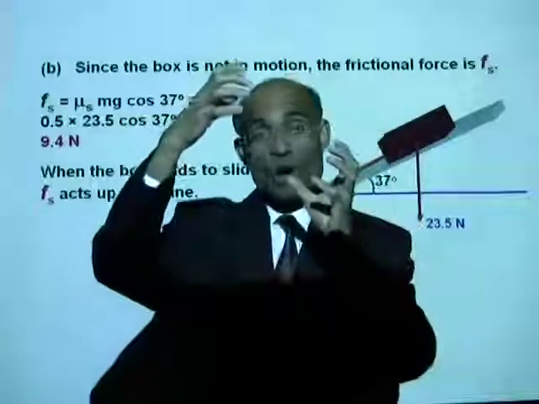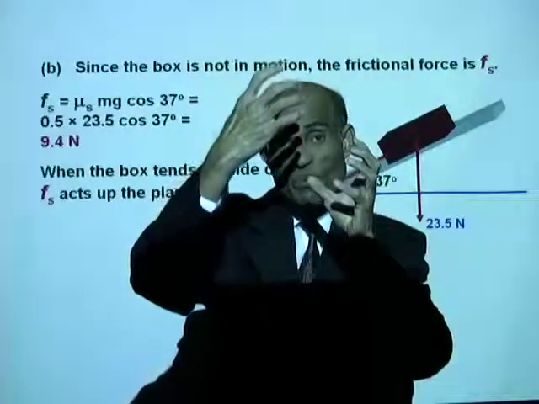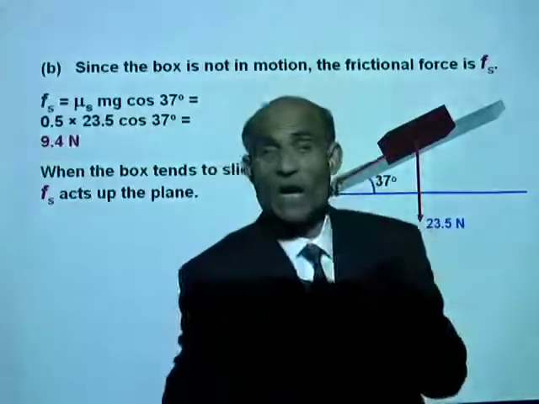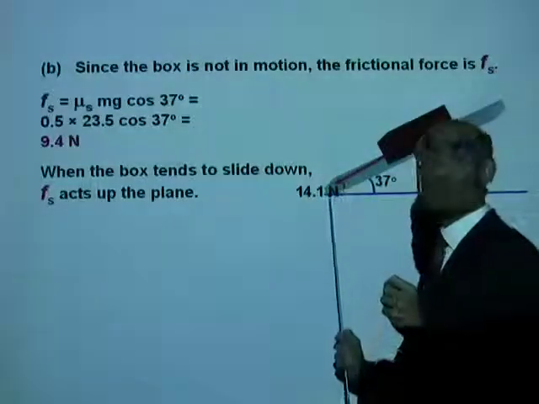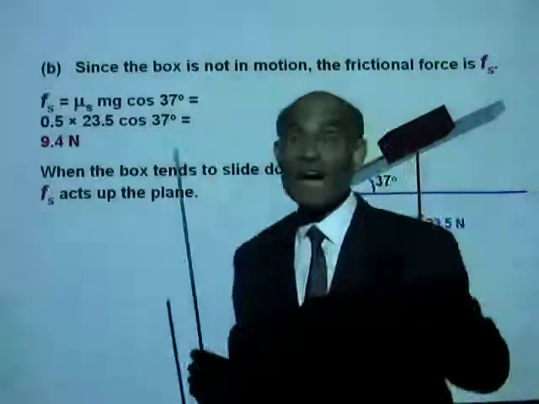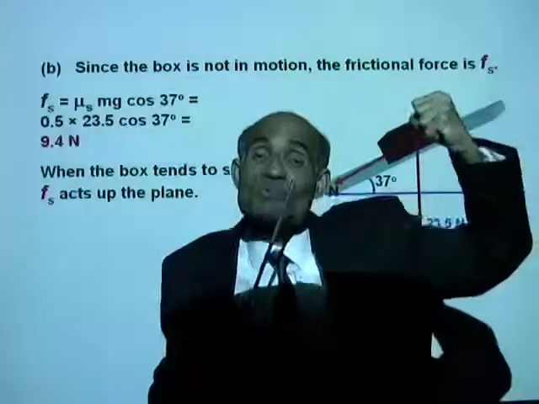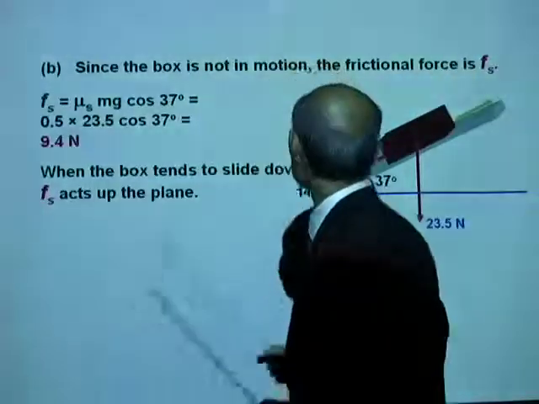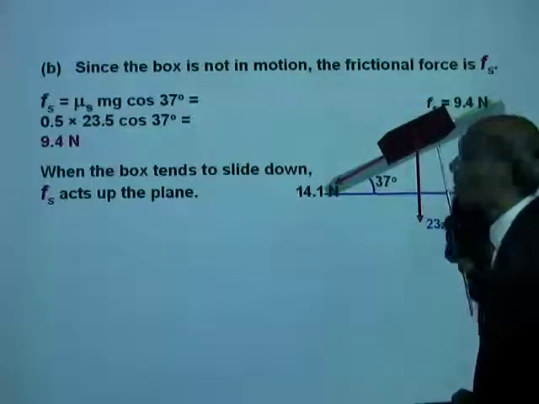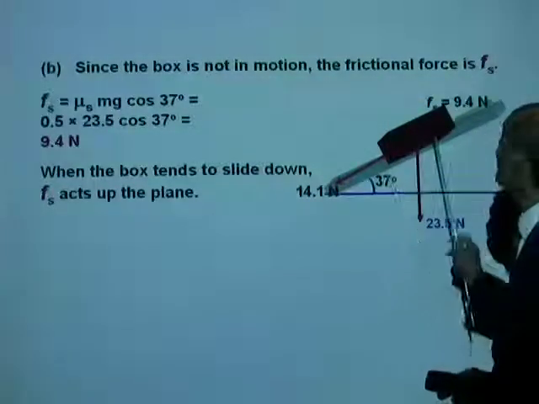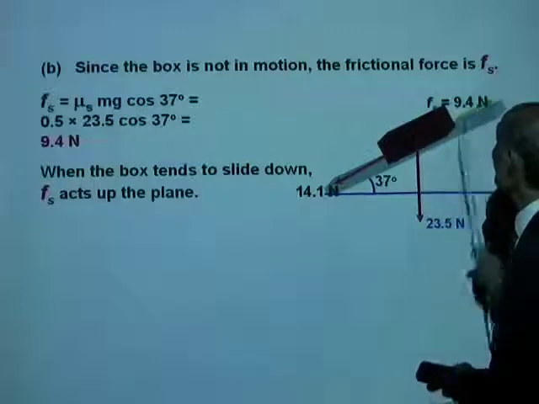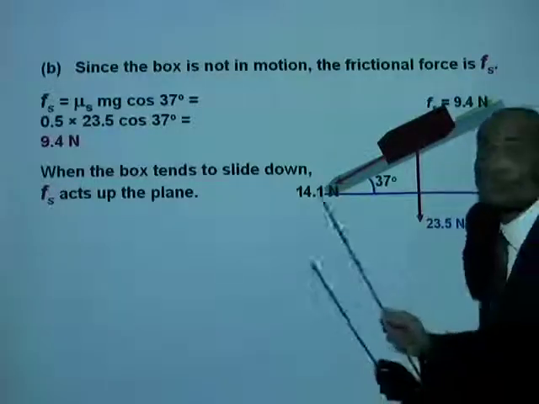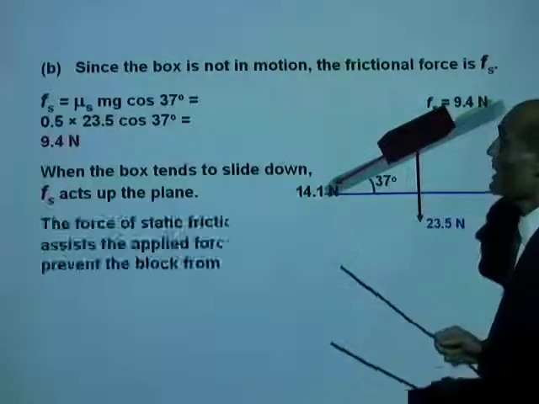When you place the box on the inclined plane, the box wants to slide down under this force, 14.1 Newton. And the friction is going to prevent it. So the friction is going to act up the plane. Now, so we have a frictional force, the static friction, that is 9.4 Newton acting up the plane.